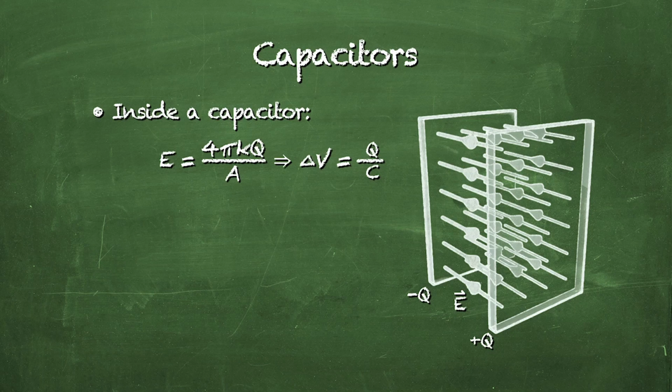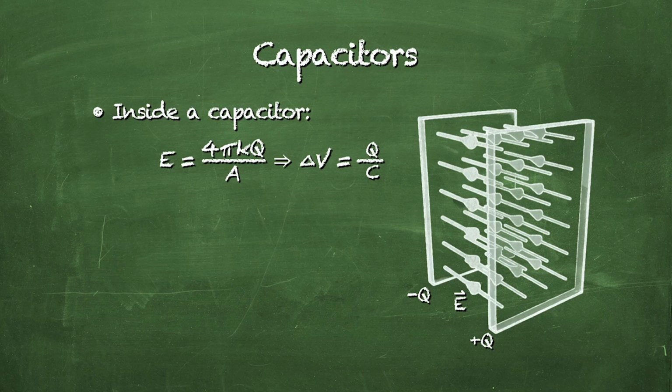And so if there's an electric field pointing from one plate to another across a certain distance, then there is a voltage difference across the plates. Remember that the voltage is equal to the electric field times a distance. And so that gives us our relationship where the voltage across the capacitor depends on the charge Q and on the dimensions of the capacitor, the area and the separation of the plates.